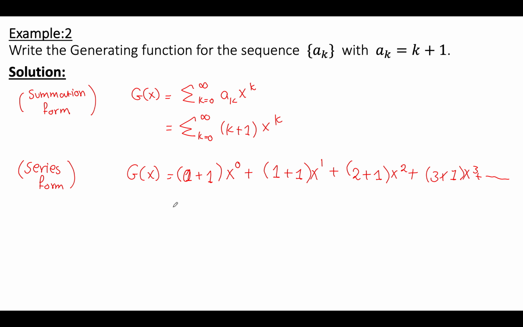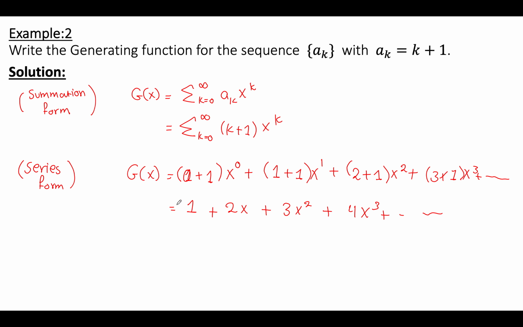So this is equal to 0 plus 1 is 1, x to the power 0 is 1. So here we got 1 plus 2x plus 3x squared plus 4x cubed, infinitely. So here we got our series form.